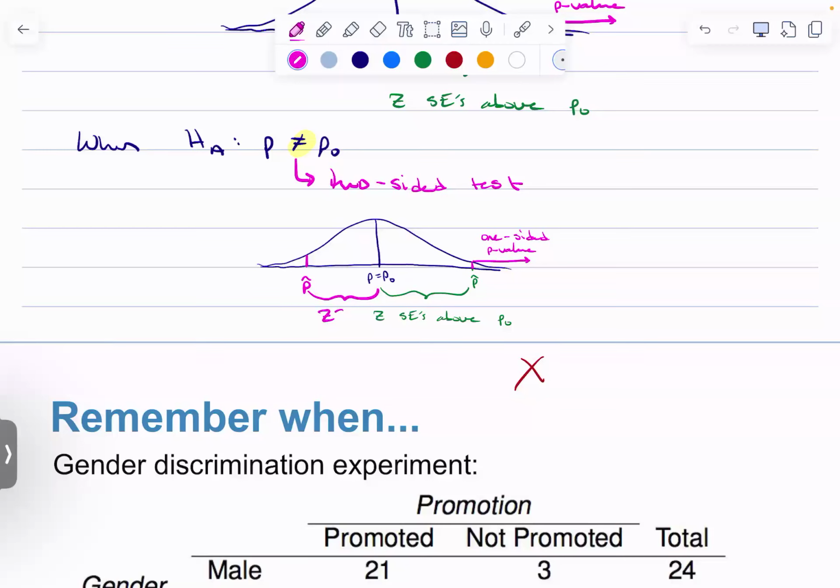Also Z standard errors below P naught. Then your p-value is in both the tails.